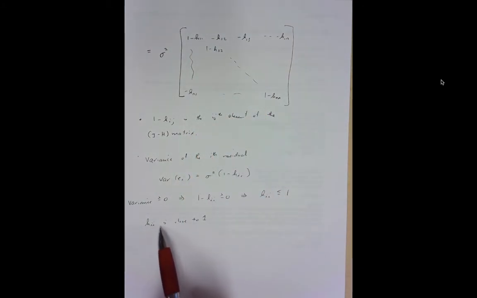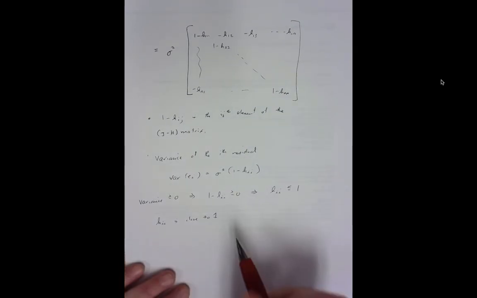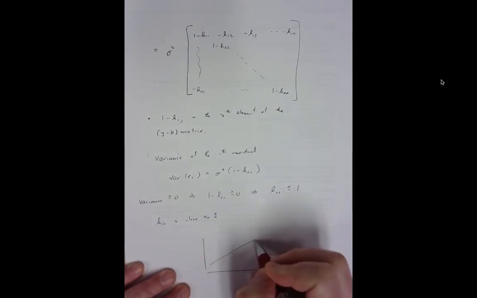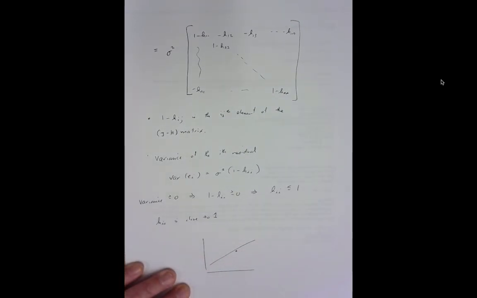So again, Hii close to 1 tells us that the residual is small, and therefore that observed point is close to our fitted line. So if we have a fitted line and that point's very close, it would have a large Hii value. That would have a smaller one.